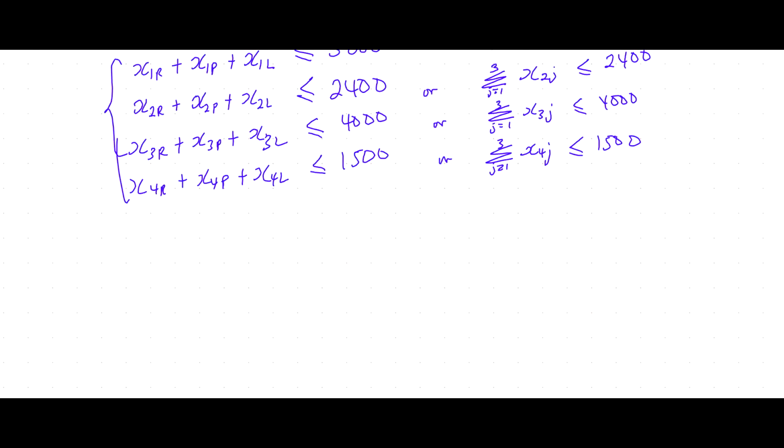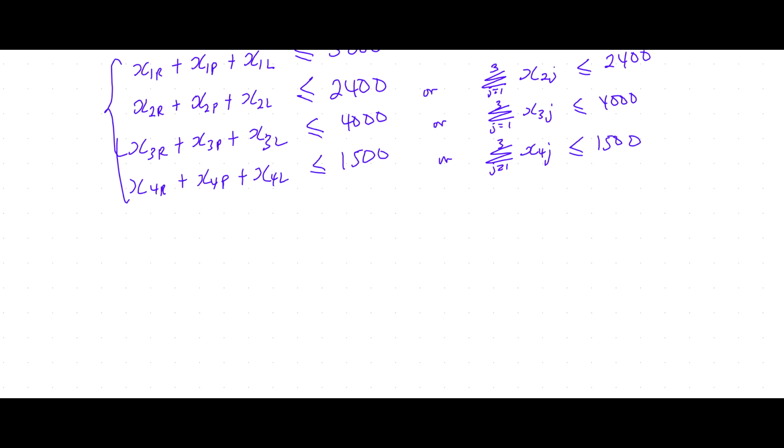Now, after getting the components constraints, we should also look at the blending requirements. So the blending requirement says that regular should not be less than 40% of component 1.